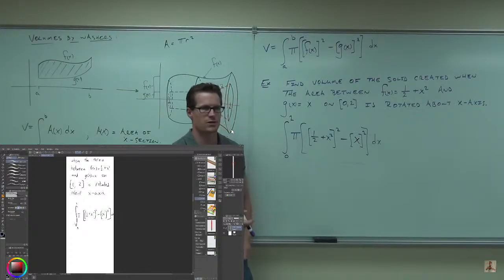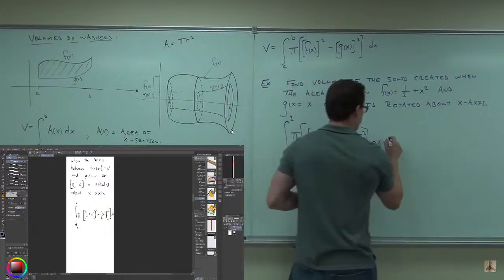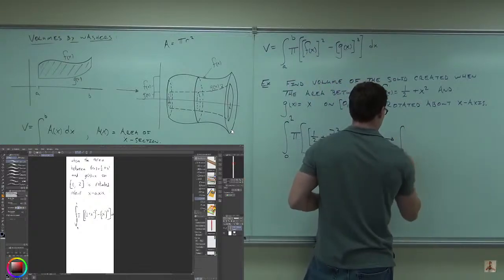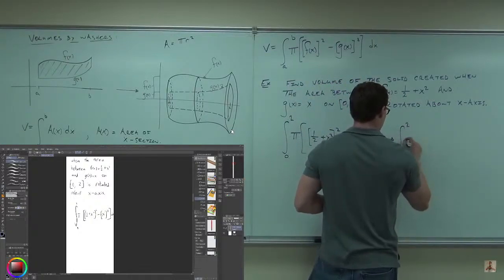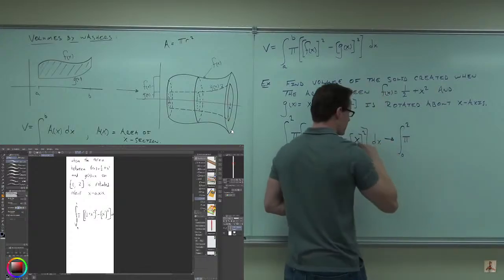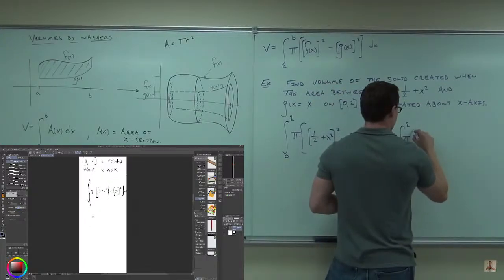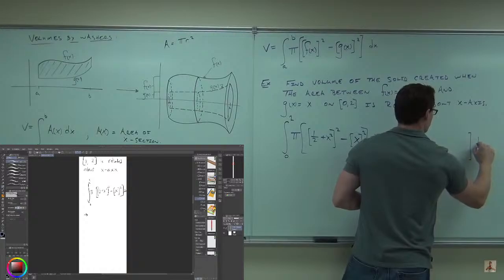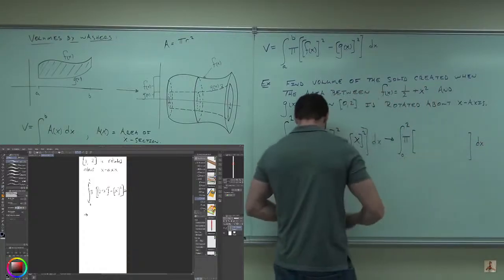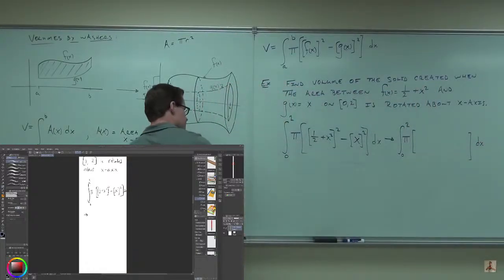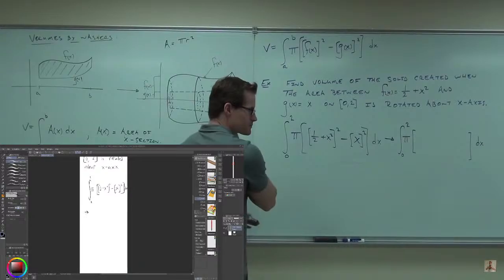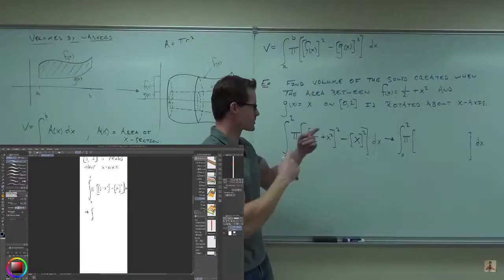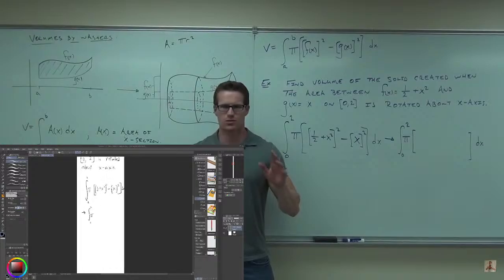Probably. Go for it. See if you can FOIL that out. So FOILing all that out, if you do it in your head, great. If you want to write it on the side, great. Just get the right answer. Make sure you FOIL it correctly.